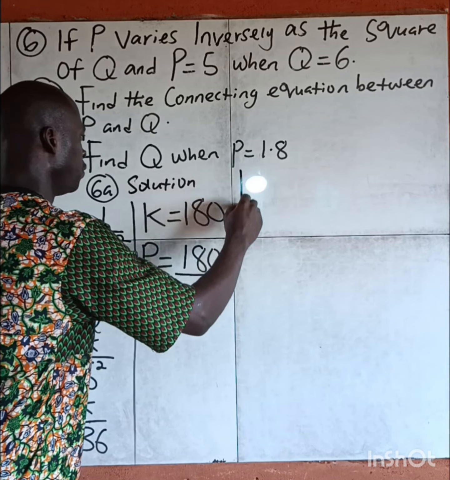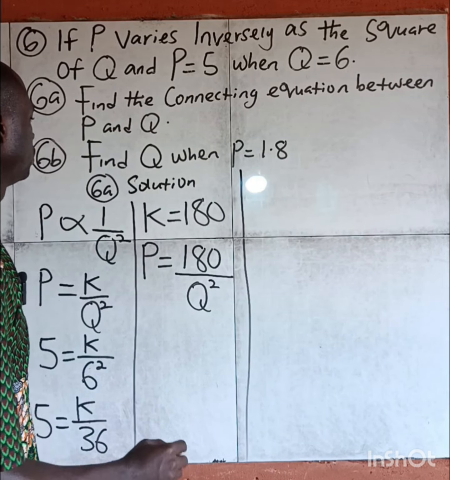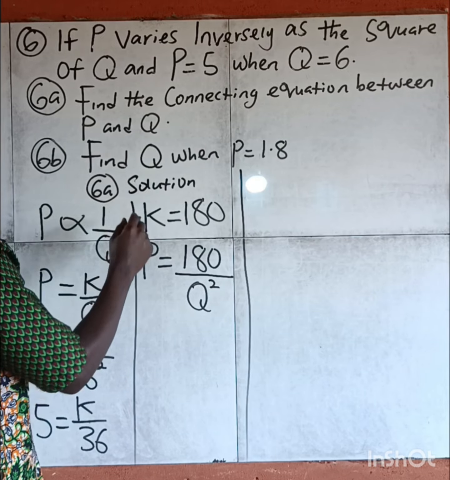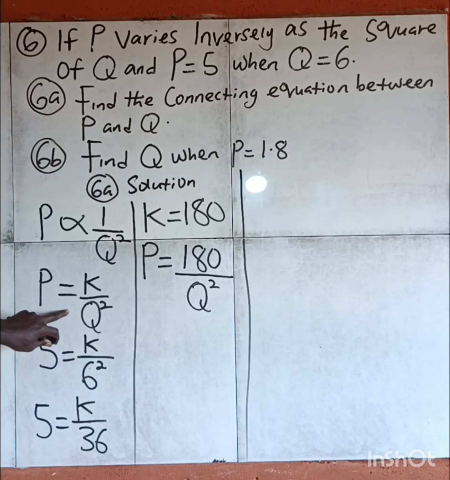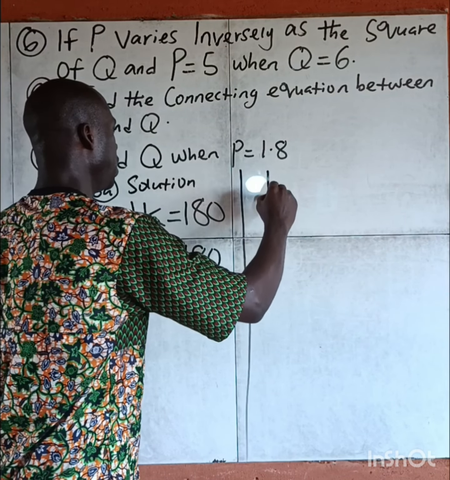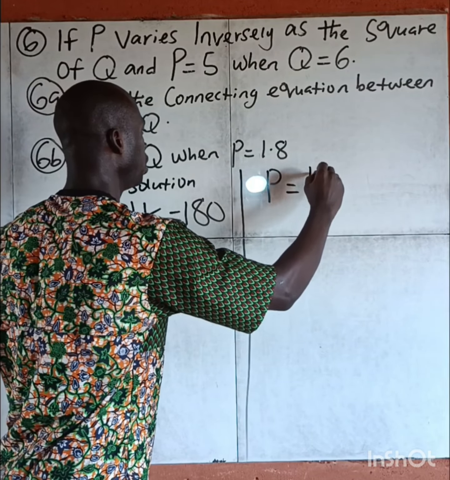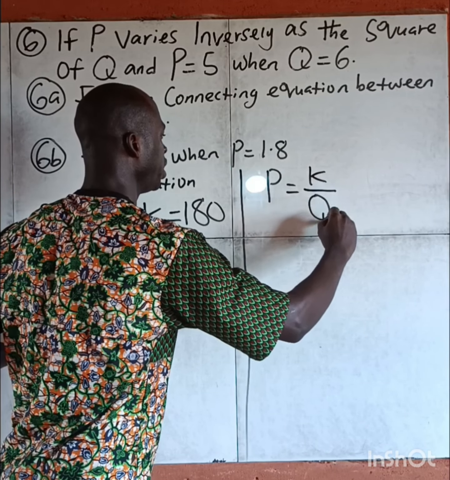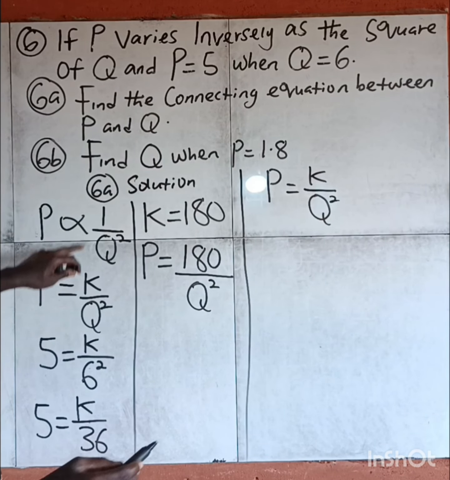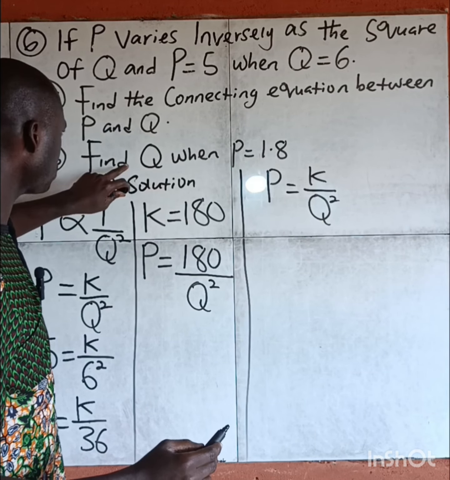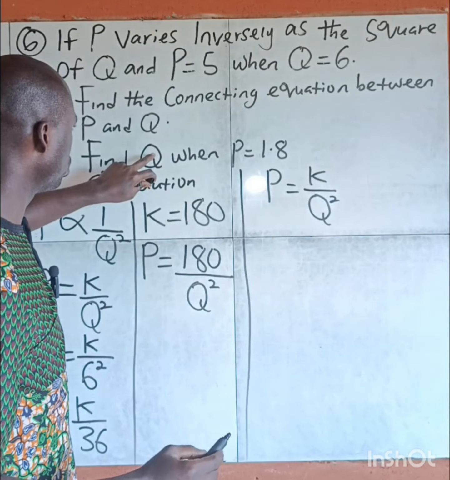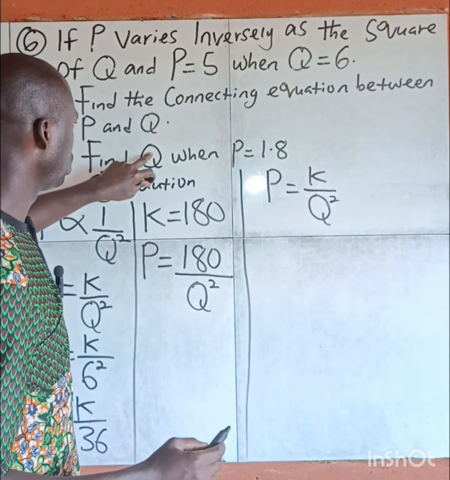Now we will move to problem 6b. For problem 6b, we are simply going to rewrite this same formula again, which is P equal to K over Q squared. Now let's look at problem 6b. Did they give you Q?